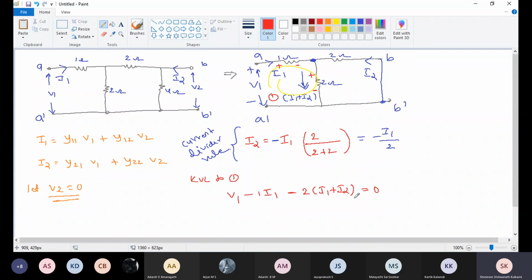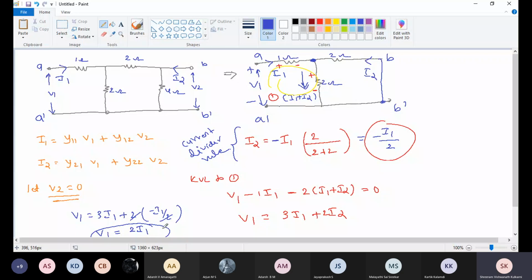From this, V1 equals 3 I1 plus 2 I2. But we know I2 is minus I1 by 2, so V1 equals 3 I1 plus 2 times minus I1 by 2. The 2 cancels, giving V1 equals 2 I1. So when V2 is 0, we got V1 equal to 2 I1.